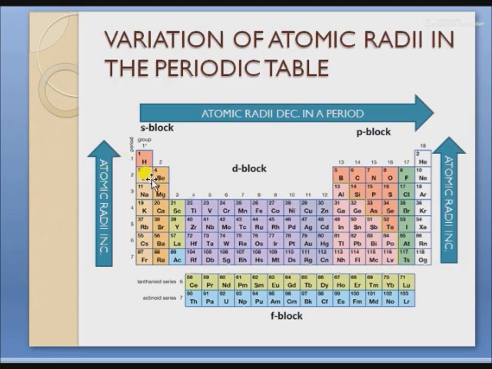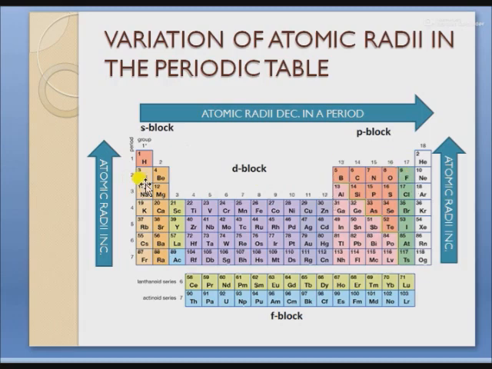Group 1, which is at the extreme left, called alkali metals and alkaline earth metals, have largest size in a period. And group 17, on the other hand, that is at the extreme right, have smallest size.